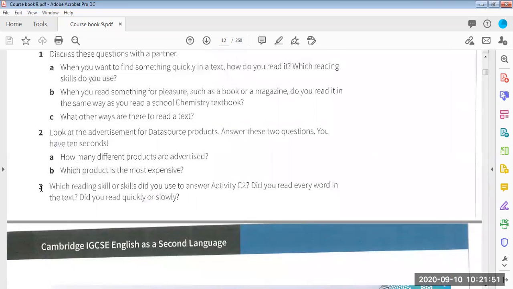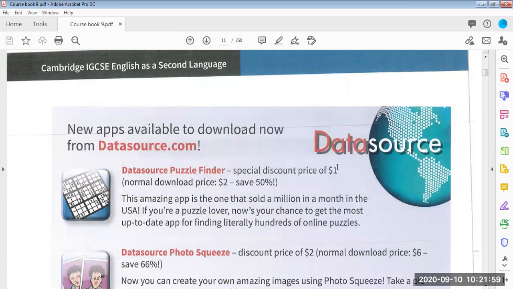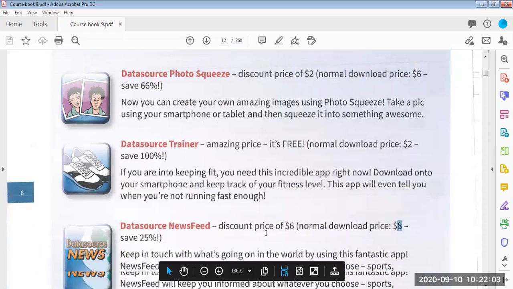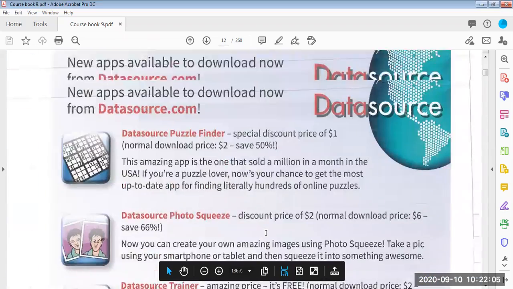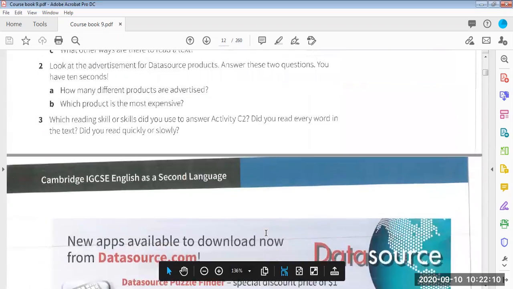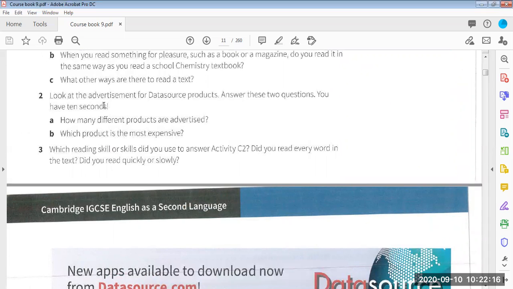Exercise 3 is you need to tell which technique you used to find the answer. I never read the text from left to right to find the answer of these two questions. I read the text from top to bottom. So you will say I used the scanning technique to find the answers of activity C2.